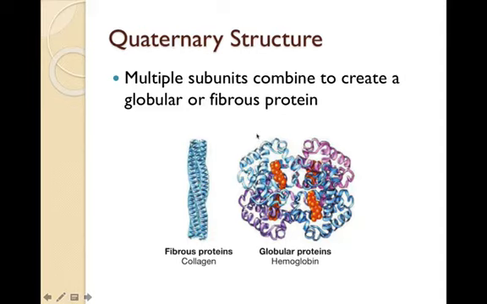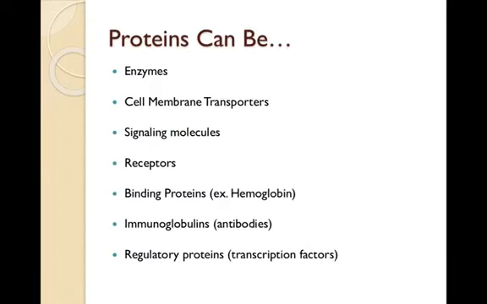So you can either get these globular structures with the quaternary structure of proteins, or you get these long fibrous proteins. And so we'll talk mostly about the globular proteins. We're going to go into depth on hemoglobin when we talk about the respiratory physiology. So stay tuned for that.